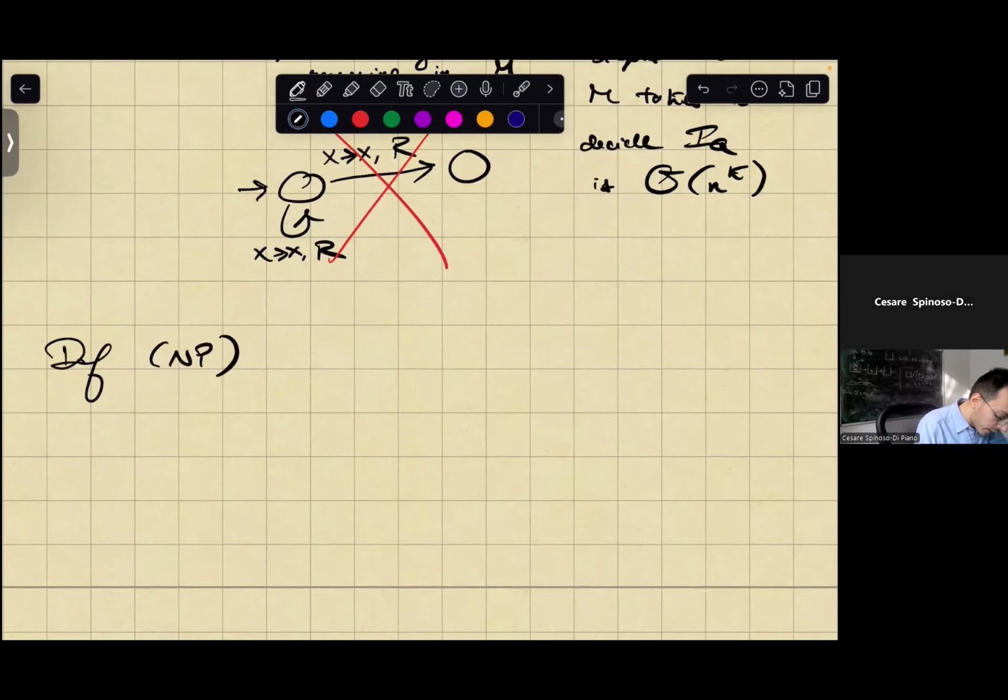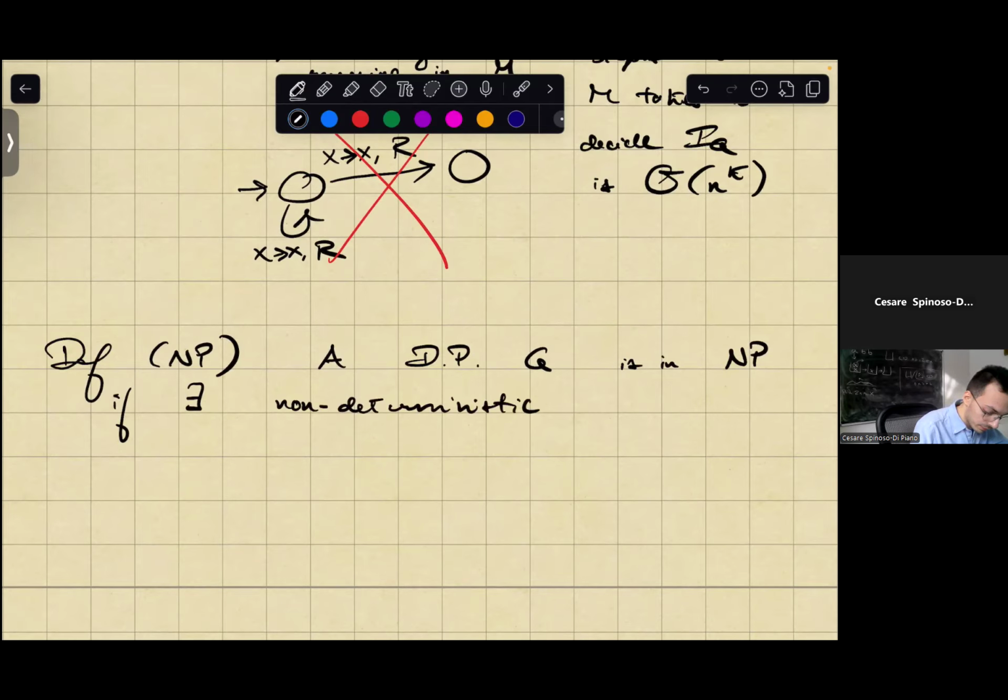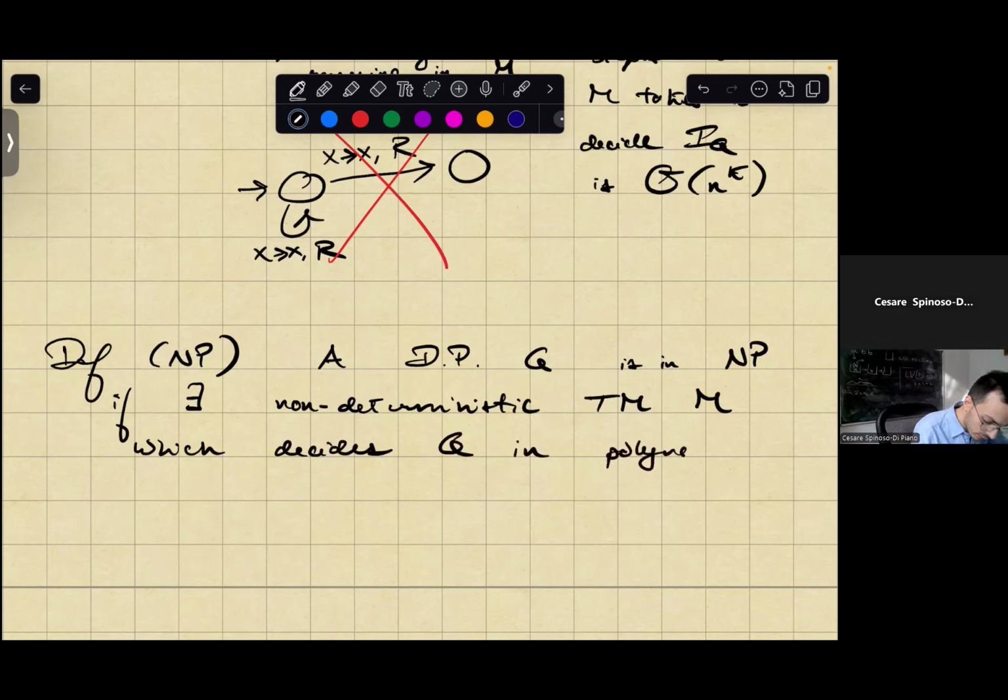So the definition is very similar. A decision problem Q is in NP if there exists a non-deterministic Turing machine M which decides Q in polynomial time.